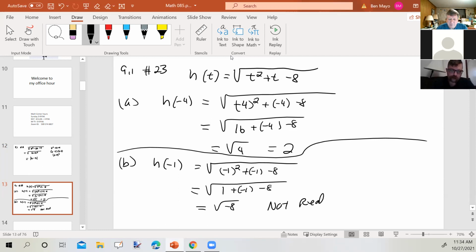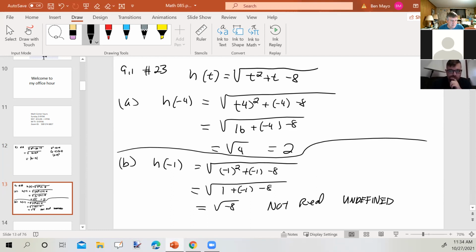Now, I don't necessarily agree with the author of this book about this, but I'll tell you what they do. I say it's not real. They're saying it's undefined. I tend to think of undefined as just dividing by 0, but the directions say if an answer is undefined, enter undefined, and they're calling this undefined. So undefined. If you put in not real, it won't accept it. Any questions about that?